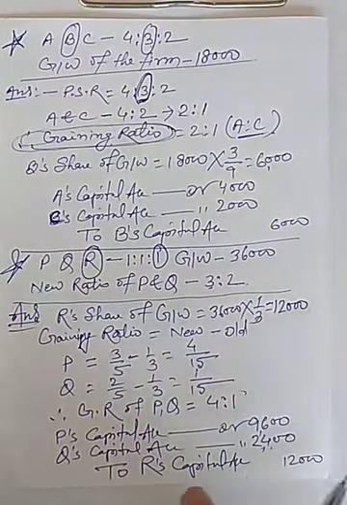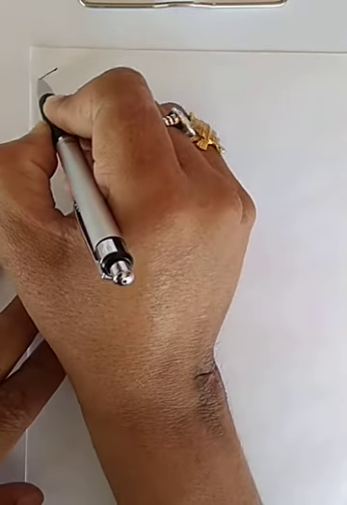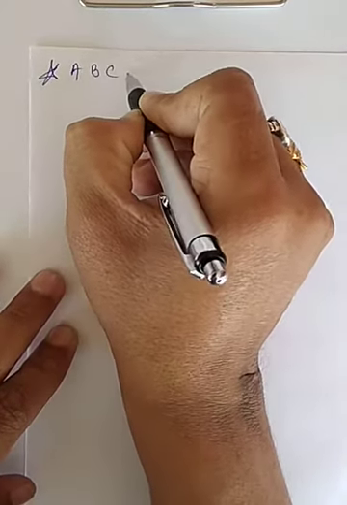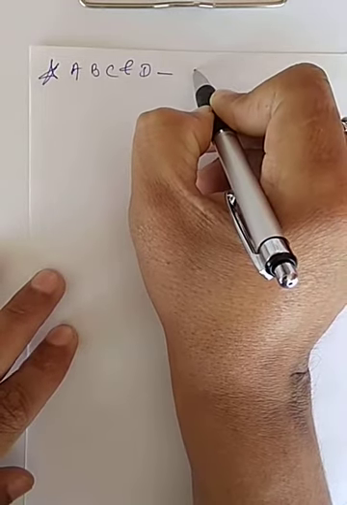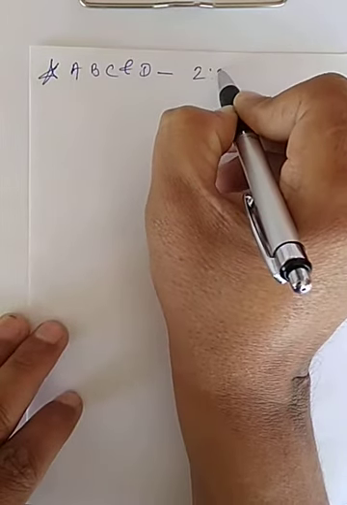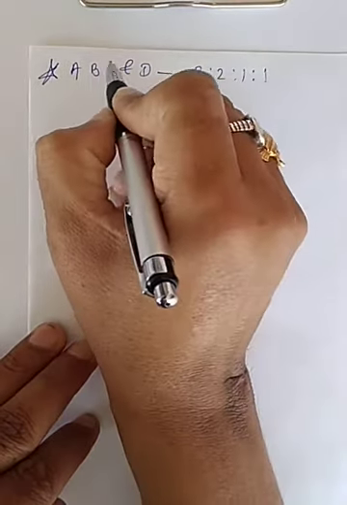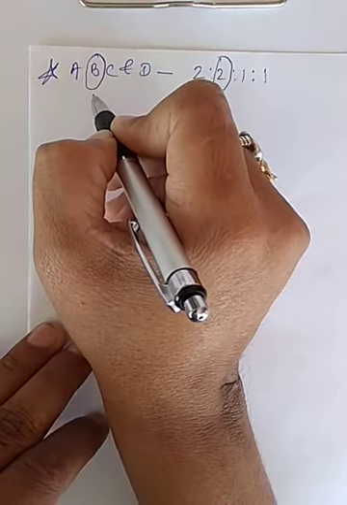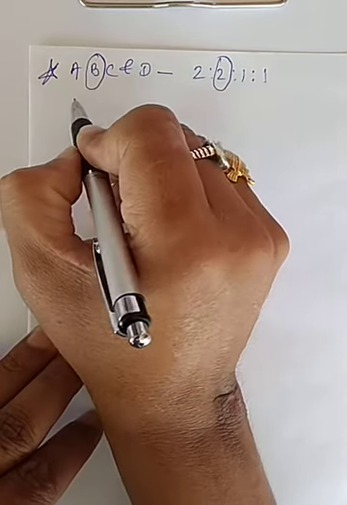Now see some next question answers also. Suppose A, B, C and D are partners in a firm in the ratio of 2:1:1. B retires from the firm and decided to share profit equally.